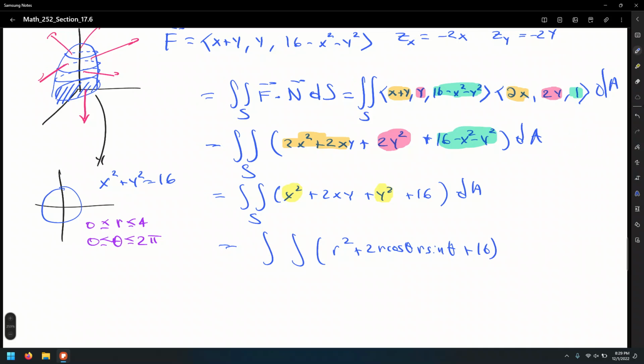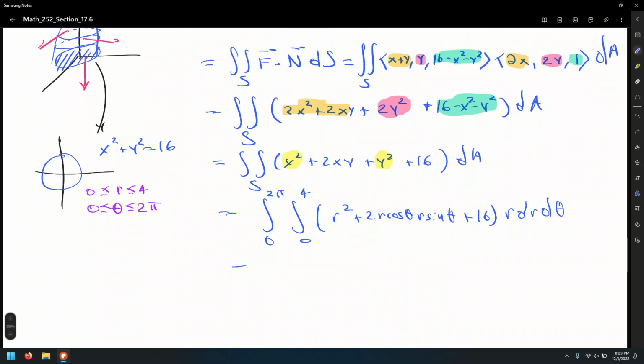And the differential part, that's the element of area, r dr d theta. And let's just write the limits of integration. We already got them from the projection into D. That's 0 to 4 and 0 to 2 pi. All right. And well, after evaluating this integral, we should get 384 pi.